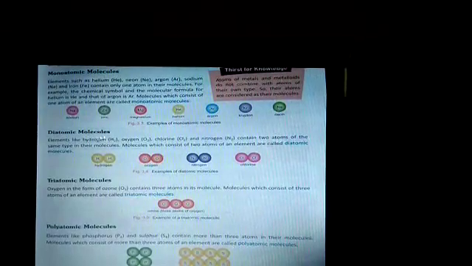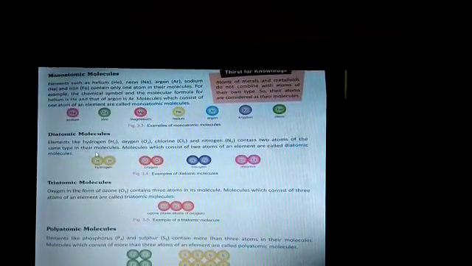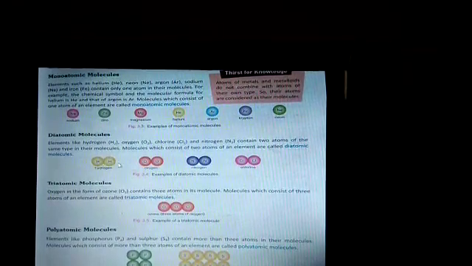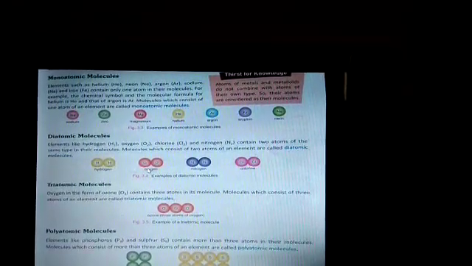The next is diatomic molecules, consisting of 2 atoms. You can see the hydrogen molecule consists of 2 atoms of hydrogen. Oxygen molecule consists of 2 atoms. Same here with nitrogen and chlorine, composed of 2 atoms.